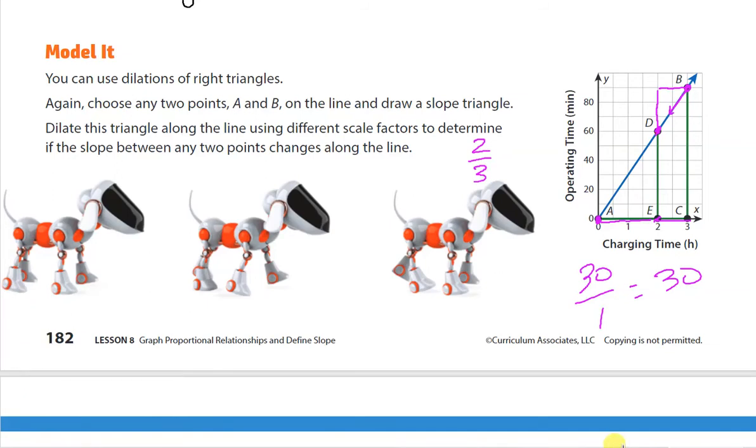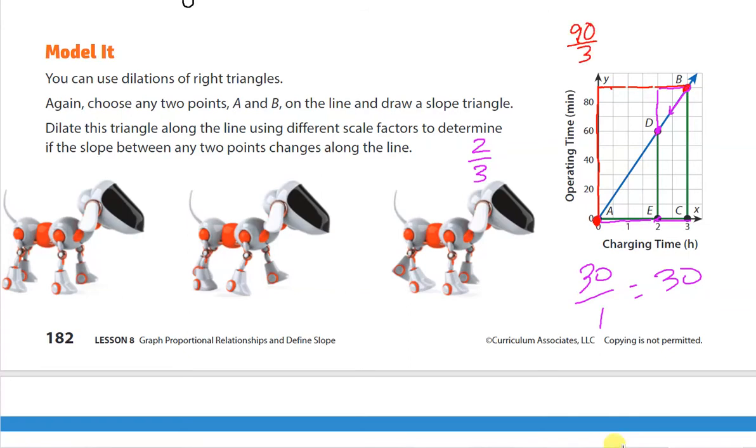Let's look at from A to B. Let's go all the way from A to B. So we've got 10, 20, 30, 40, 50, 60, 70, 80, 90. Then we've got going by half, remember, because each of these is half, 1, 2, 3. So 90 over 3.